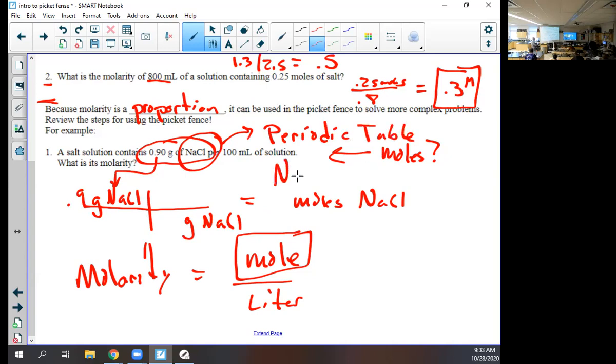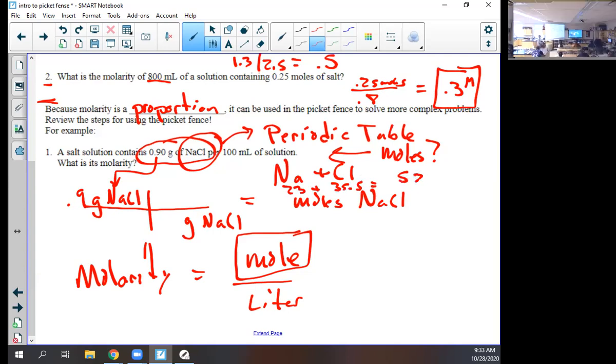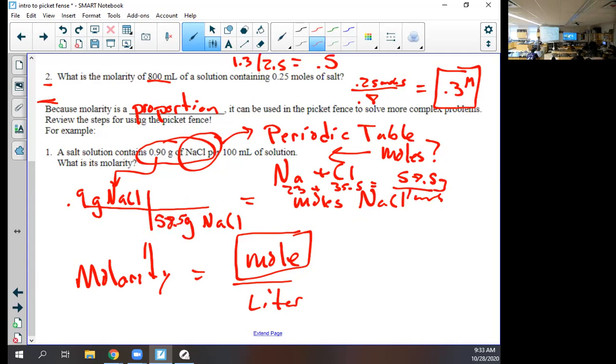So I take Na plus Cl, which is 23 plus 35.5, and that's 58.5 grams per 1 mole. So right here, 58.5 grams per 1 mole.